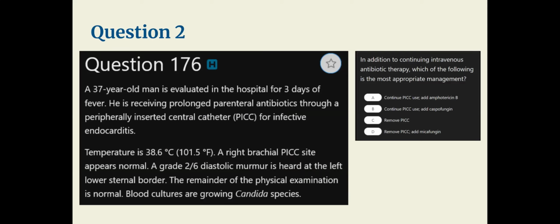Blood cultures are growing Candida species. In addition to continuing IV antibiotics, which of the following would be the most appropriate management? Continue PICC use and add amphotericin B, continue PICC use and add caspofungin, remove the PICC line, or remove the PICC and add micafungin.